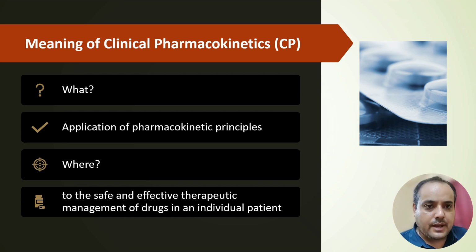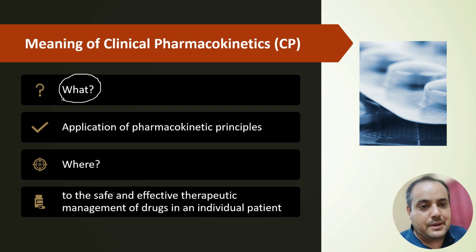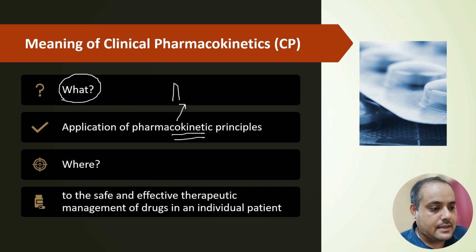So with the previous knowledge in mind, now let us understand what we mean by clinical pharmacokinetics. For easy understanding, I have broken down the definition. Clinical pharmacokinetics is nothing but the application of the pharmacokinetic principles, the ones that we have studied just before: the core principles of absorption, distribution, metabolism and elimination.